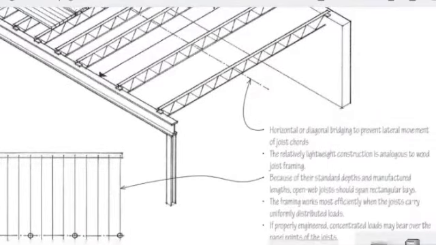The relatively lightweight construction is attached to wood joist framing because of their standard depth and manufactured length. Open web joists should span rectangular panels. The framing works most efficiently when the joists carry uniformly distributed loads. If properly engineered, concentrated loads may appear over the pivot points of the joist.